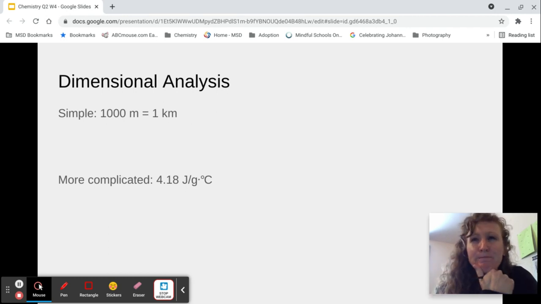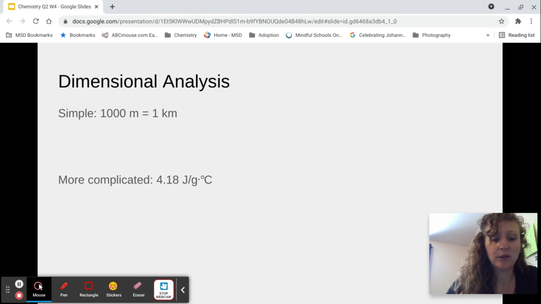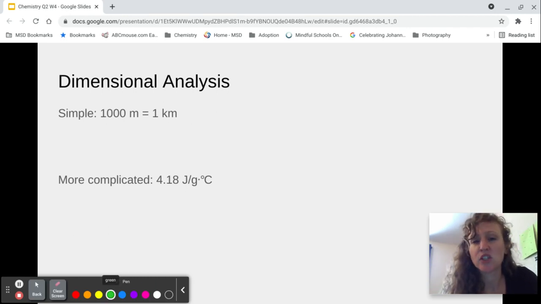So dimensional analysis is a skill of analyzing a question in terms of the dimensions that are given to you. Now, dimensions might be kind of a strange term for us.